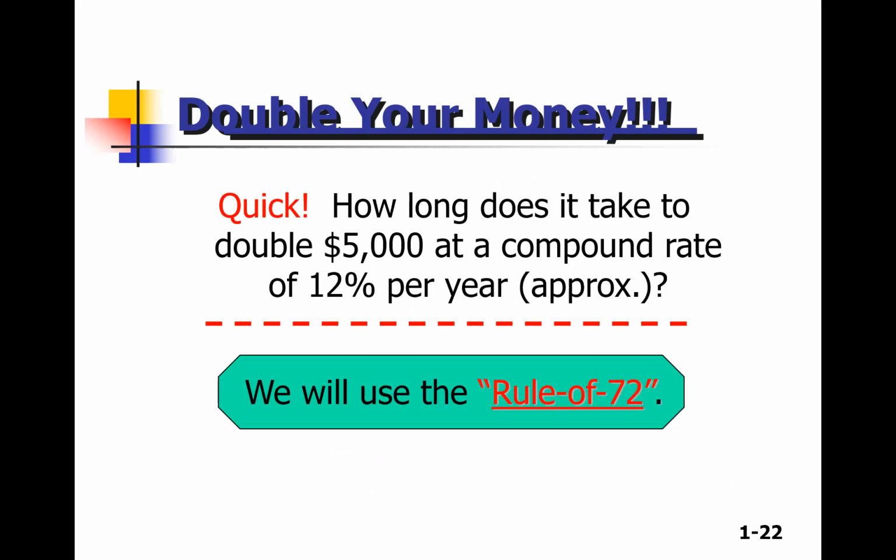So here is the rule of 72. We can exactly measure the time period to double this amount of 5,000, but the short way is the rule of 72.